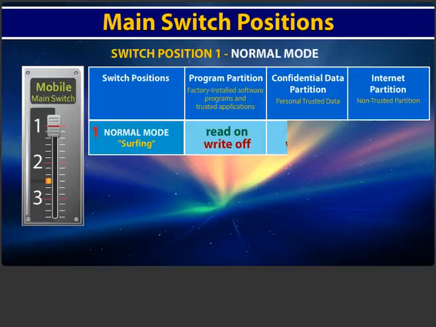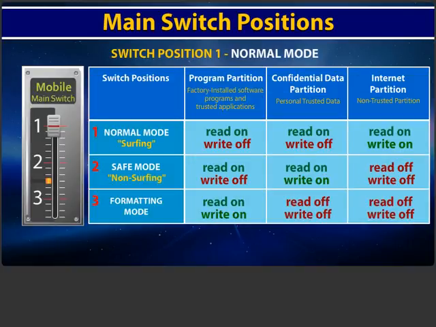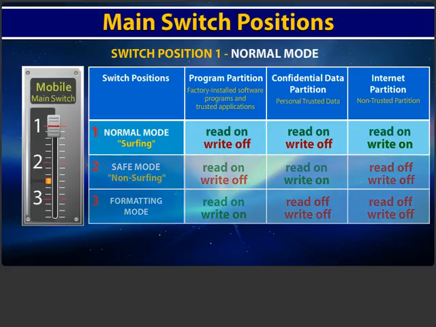Now let us consider the 3 positions assumed by the main switch and how these different positions impact the reading and writing processes of each partition of the phone's solid memory. At position 1, the so-called normal mode position, while we are surfing the net by using a mobile phone, all factory installed operating systems, applications, and trusted personal data are safe and readable.